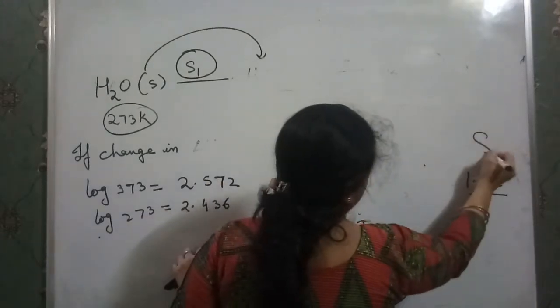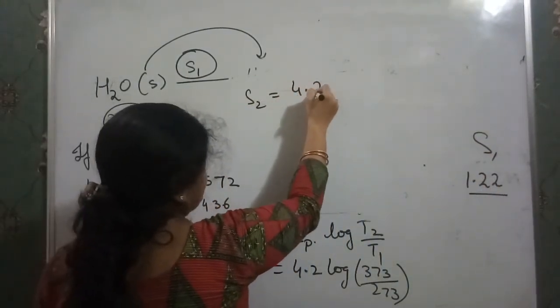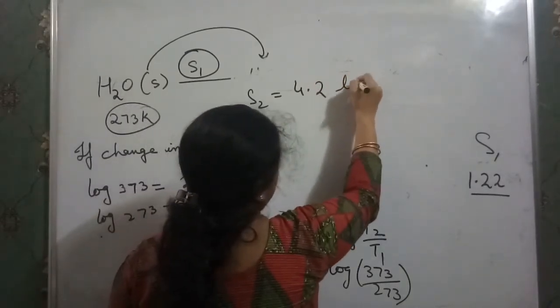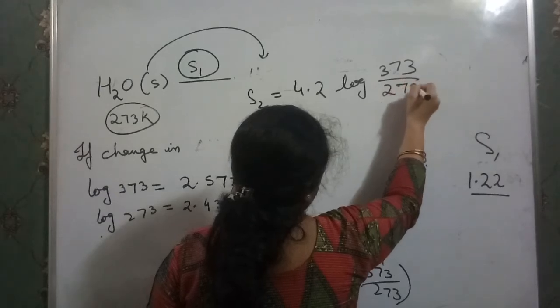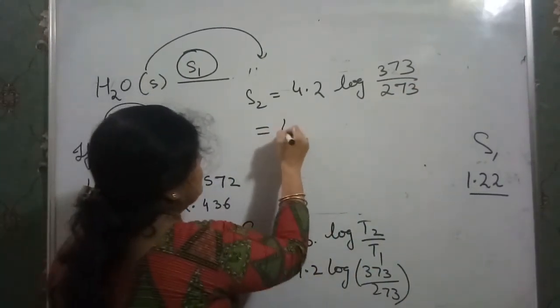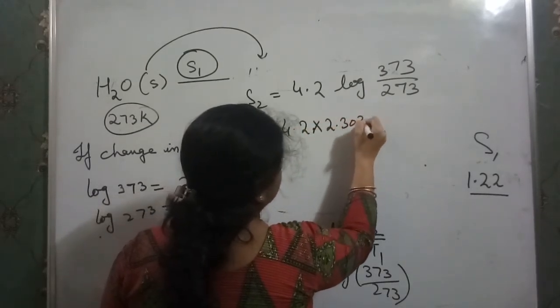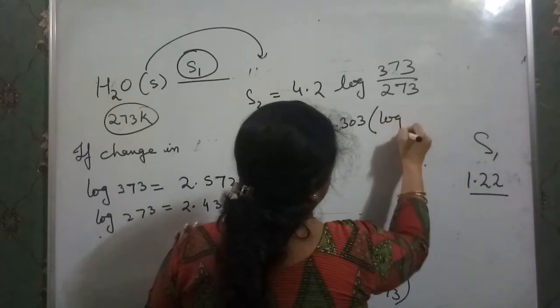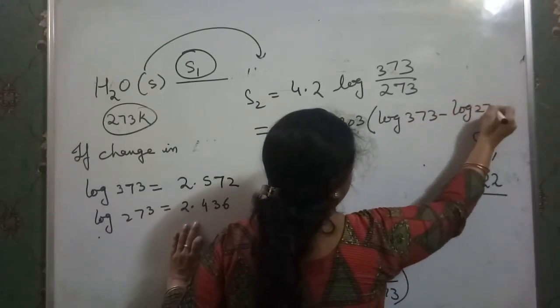For S2, we write it this way: 4.2 into log of 373 over 273. When we have to solve it numerically, we multiply it with 2.303 and take log of 373 minus log of 273.